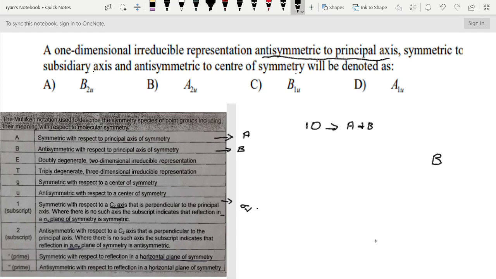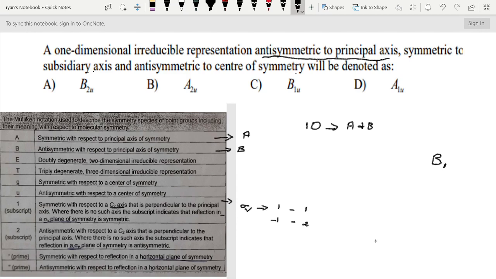Okay. Therefore here, if it is symmetric, in subscript we have to write 1. If it is antisymmetric, in subscript we have to consider 2. Therefore here in this case, symmetric to subsidiary axis, I am going to write subscript 1.